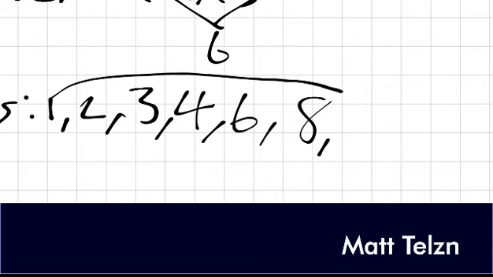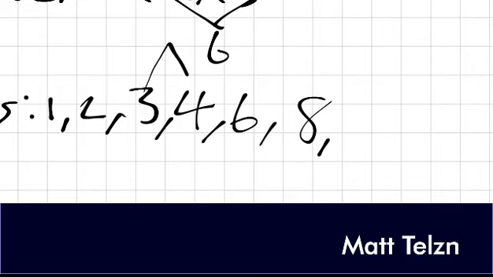No. So 11 is not a factor. Another number is 12. Is 12 a factor? Yes. When I multiply 3 and 4, I will have 12. If I multiply 2 and 6, I will have 12. So 12 is a factor.